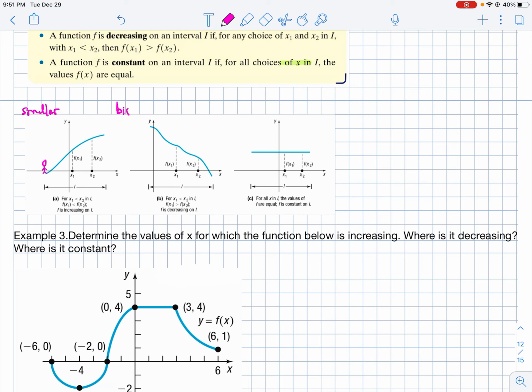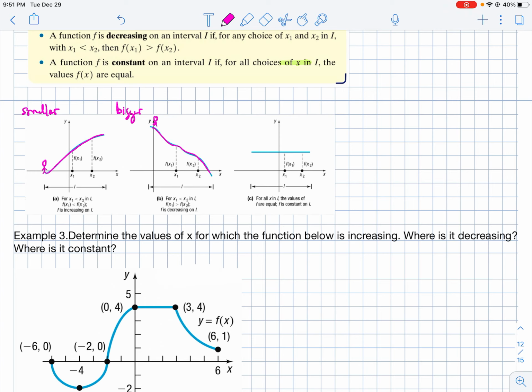You always go from smaller, because the left side is smaller, to bigger. You walk along the curve, and you see that you go up. So when you go up, f is increasing. You can look at it this way without following the definition to determine whether the function is increasing or decreasing.